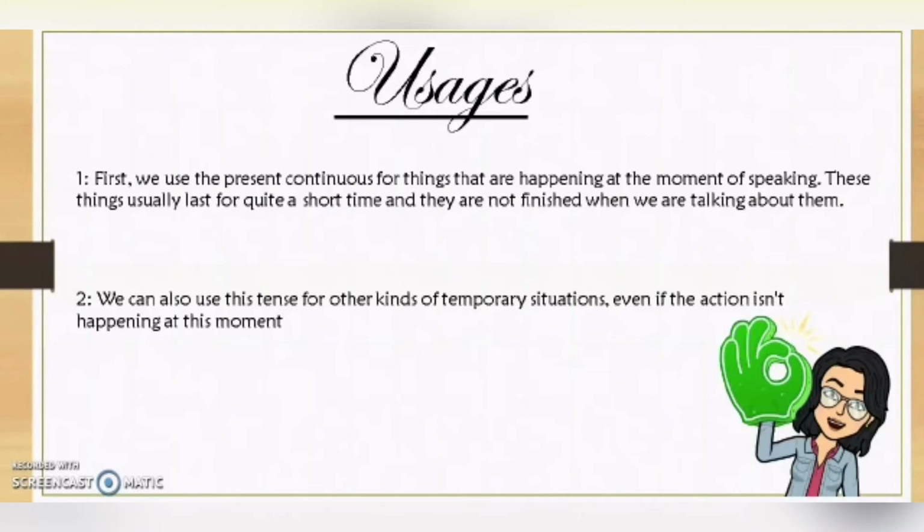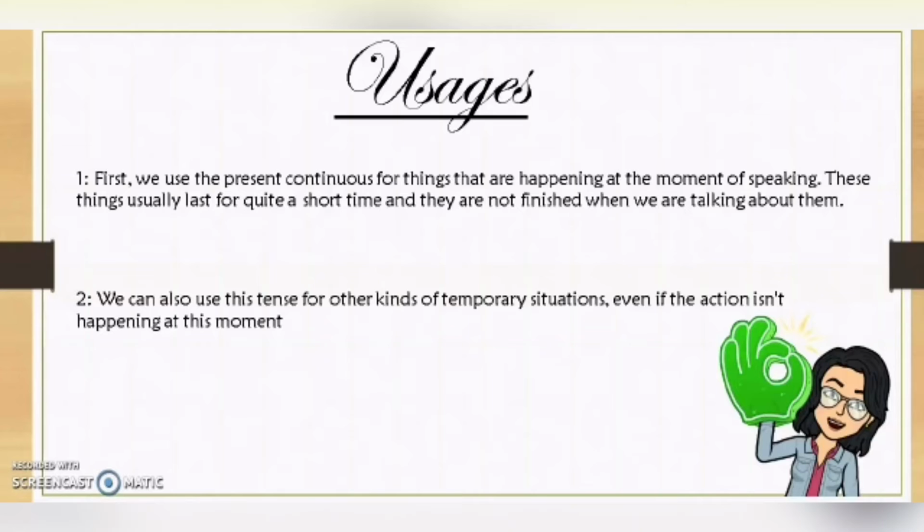Let's talk about the usages of the present continuous. First, we use the present continuous for things that are happening at the moment of speaking. These things usually last for quite a short time, and they are not finished when we are talking about them.